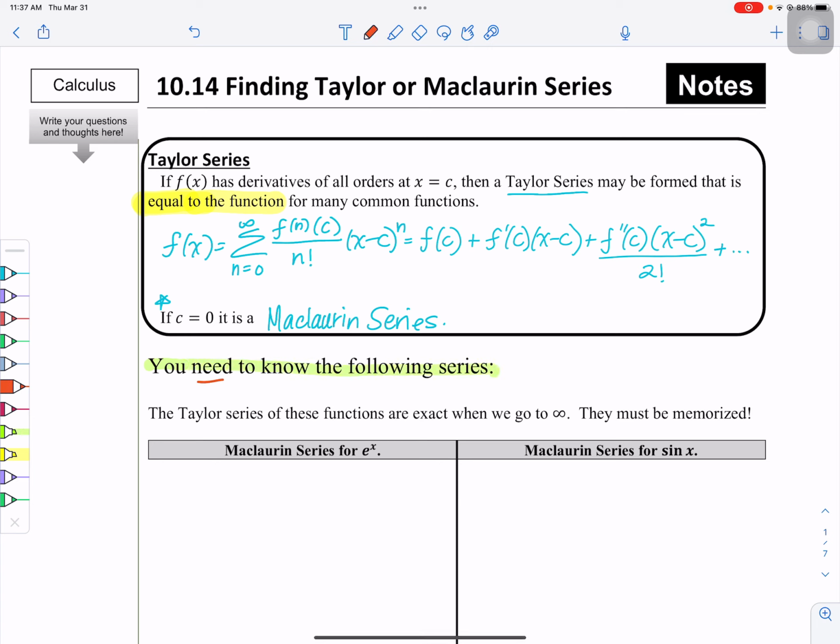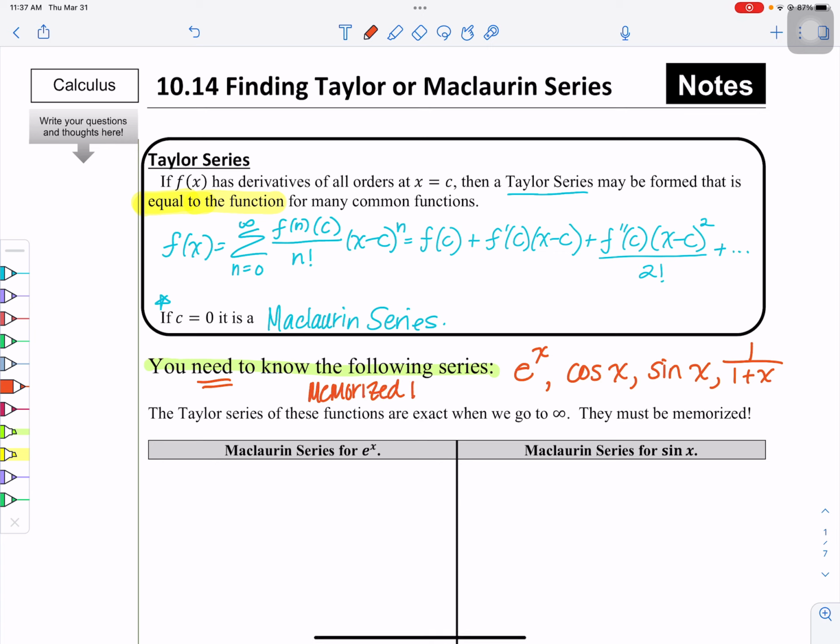You need to know the following series. You will need to know the Maclaurin series for e to the x, cosine of x, sine of x, and 1 over 1 plus x. So all of those will need to be memorized.